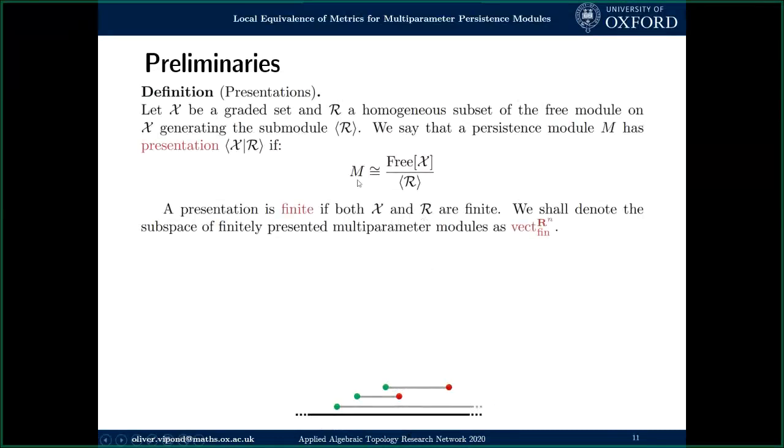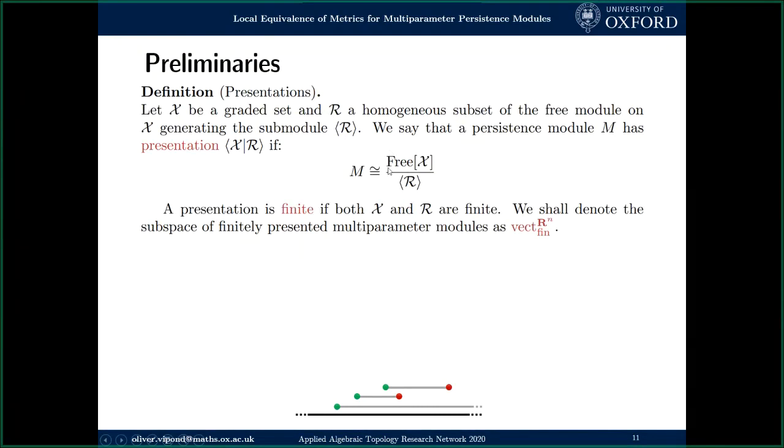Okay, so I said you could build up more complicated modules using these free modules, and we do so via presentations. So here I've sketched below a one-parameter persistence module, and I'm going to show how you can build it using free modules. Our free modules in the one-parameter setting are just infinite bars extending rightwards from a given graded set.